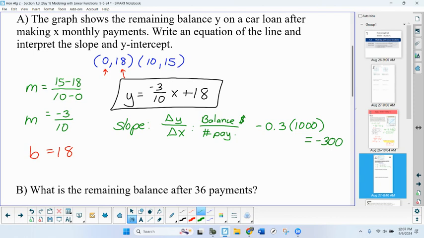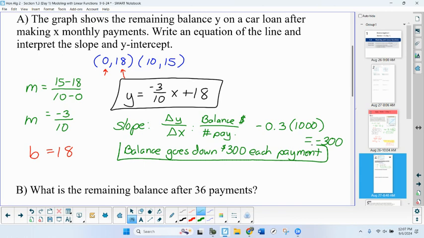Your balance goes down $300 every time you make a payment. Balance decreases, however you want to say it, goes down $300 each payment. Okay, so there's my slope. Interpret the slope.